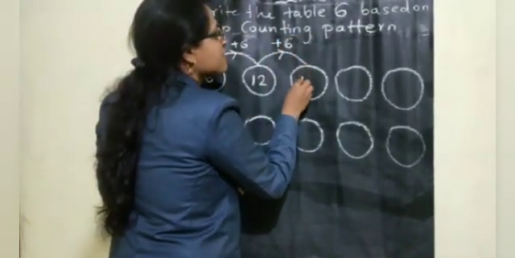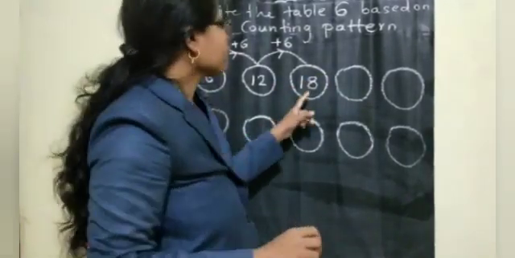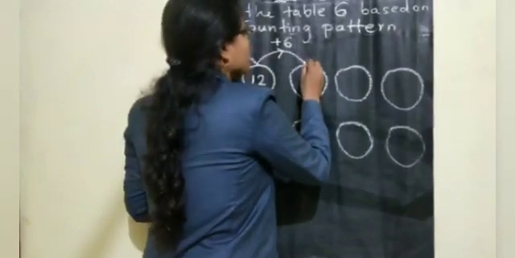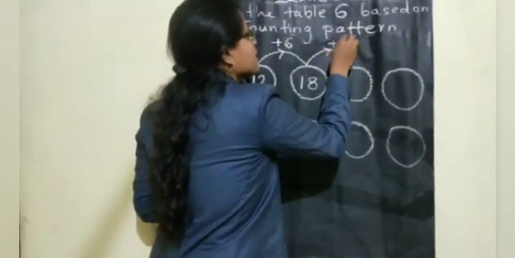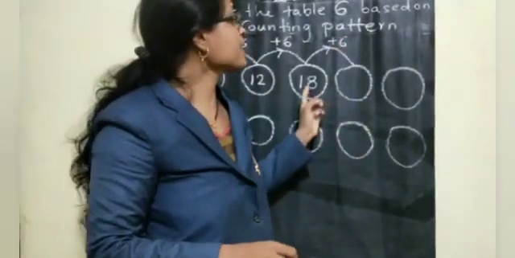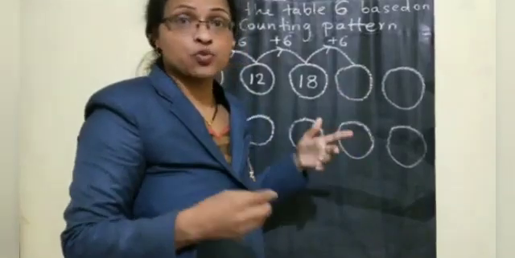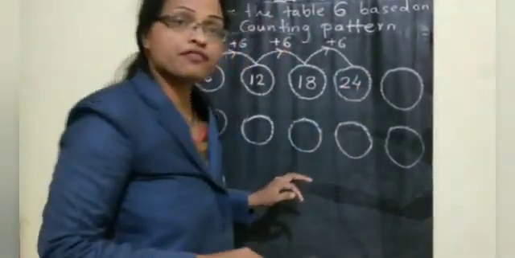Here how much are you going to answer? 18. Okay. Now for the 18, again you have to add plus 6 to get your next number. How much answer will you get now after adding 6 to 18? 24. So you are writing the answer here, 24.